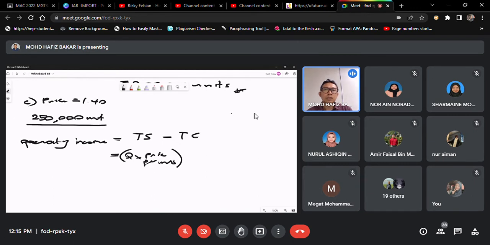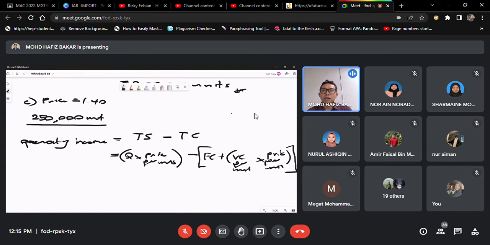Quantity berapa banyak darab dengan harga dia, akan dapat total sales. Minus total cost, which consists of fixed cost plus variable cost per unit times quantity. Okay, so this is total cost.